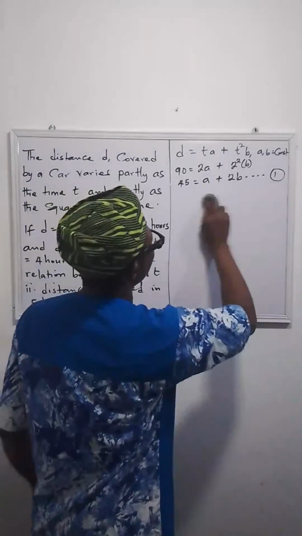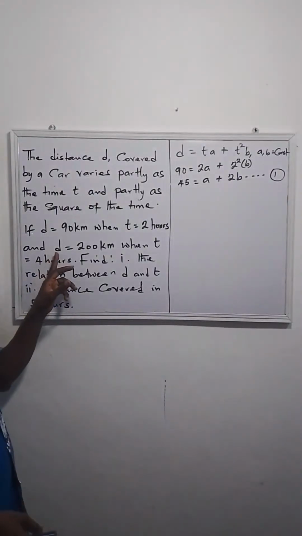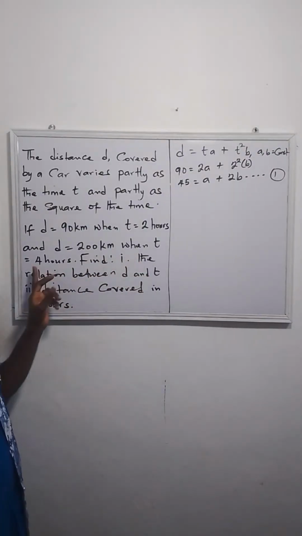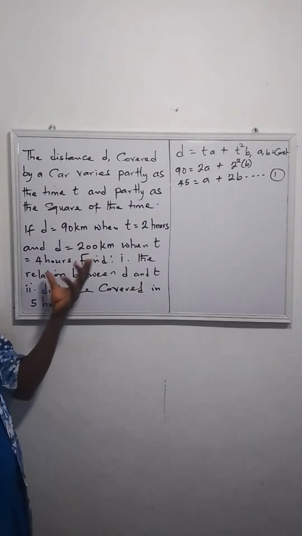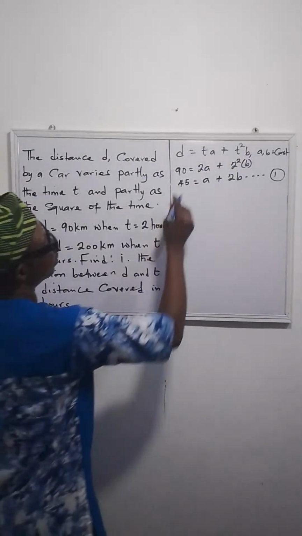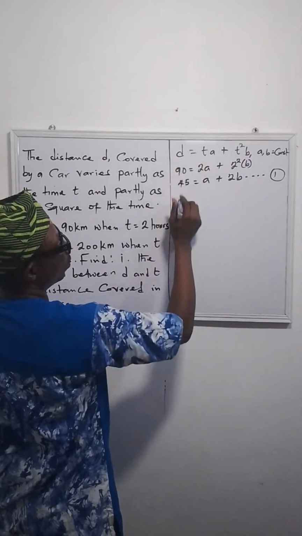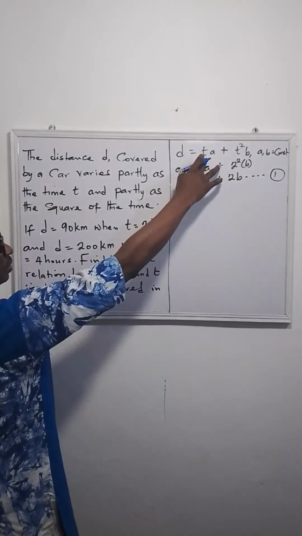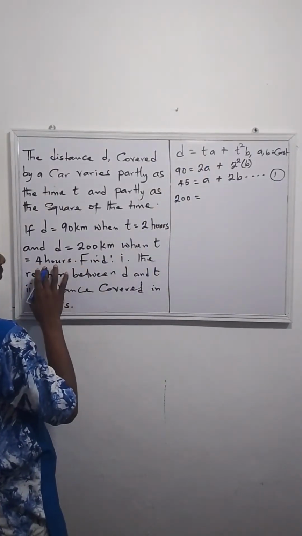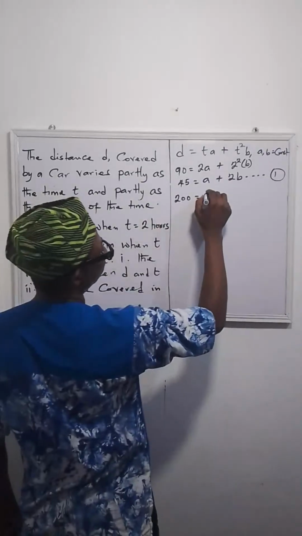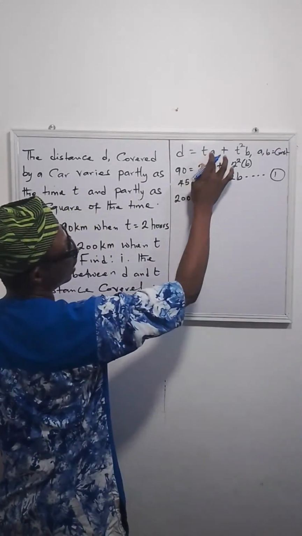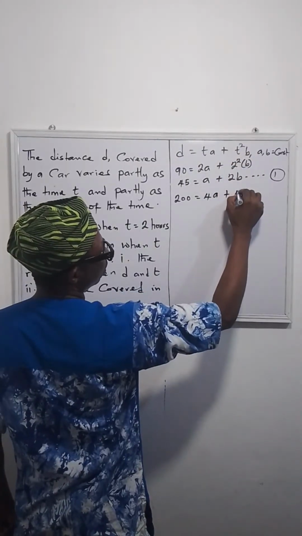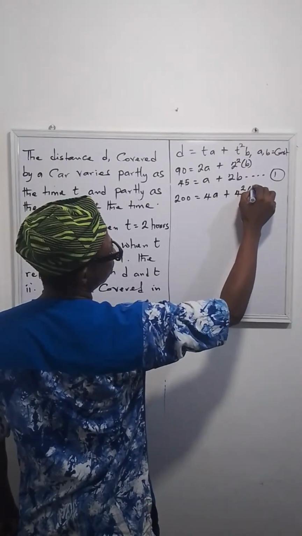Now let's look at what we have here. We are also told that d is 200 when t is 4 hours. Let's plug in the values into this equation. We have 200 equals t, which is 4 hours, so we have 4a, 4 times a, plus t, which is 4, that's 4 squared times b.